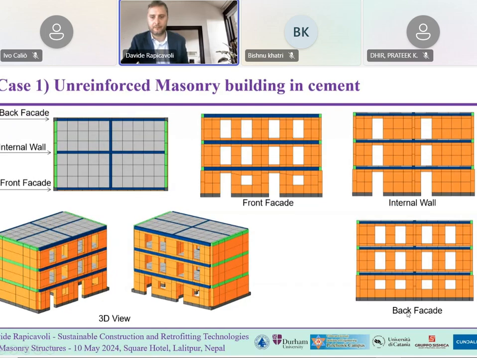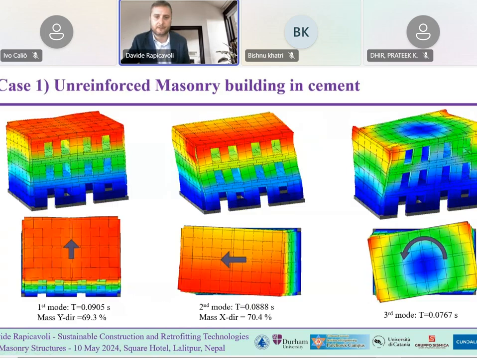This is the 3D view of the building. I go directly to the results in terms of eigenmodes, in which we can recognize that the building with cement mortar has a regular behavior in the two principal directions.